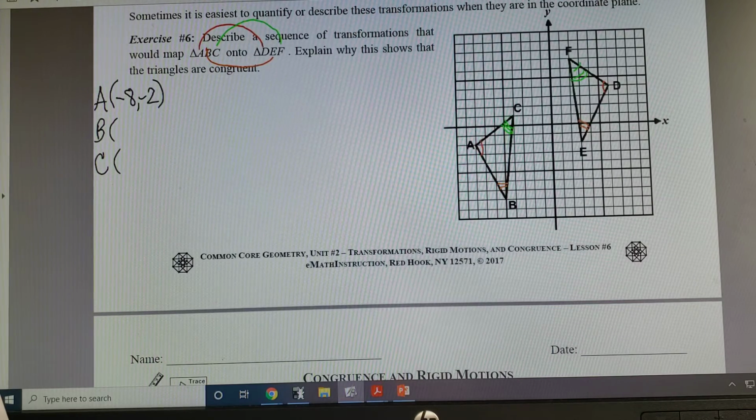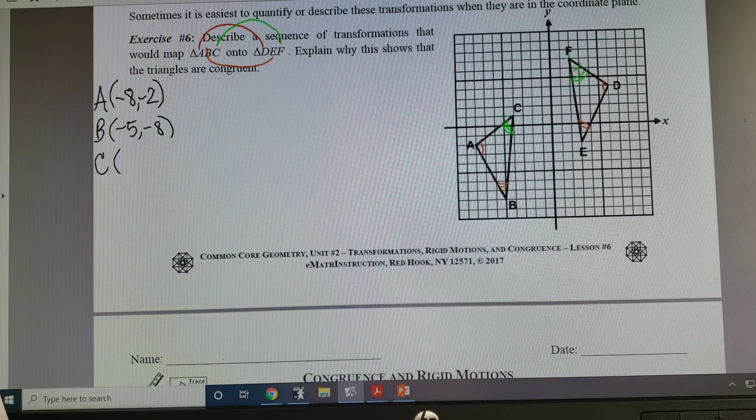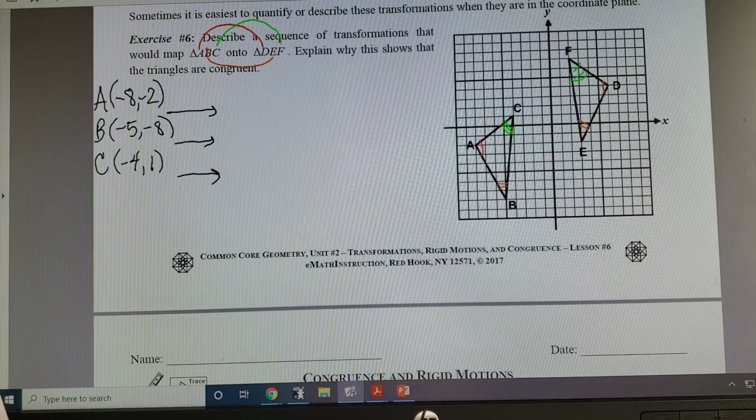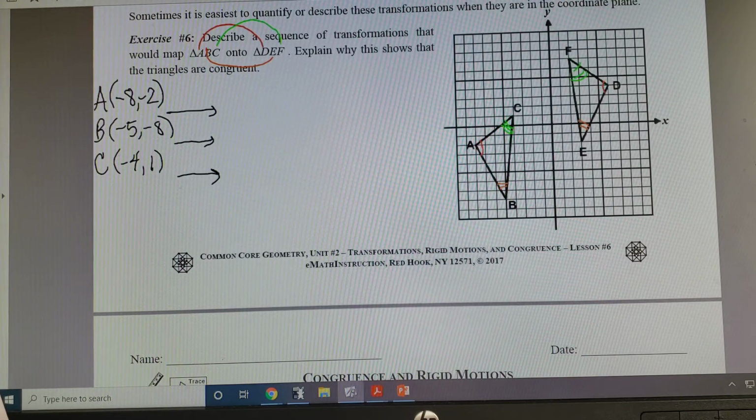B is to the left 5, so -5, down 8, so -8, and C is to the left 4, so -4, up 1. And then I think we can do this in 2 transformations to get ABC to fall on top of triangle DEF.